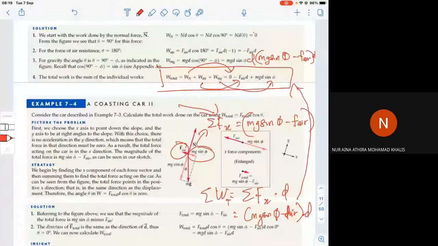But it's up to you. You can do both. You can choose whichever you want to use. You can either calculate it separately, or focus on the correct force times the displacement.